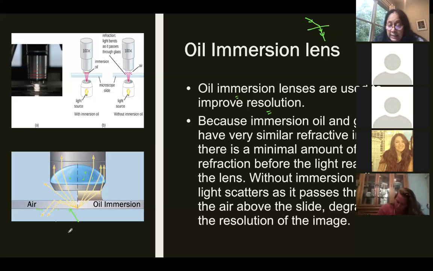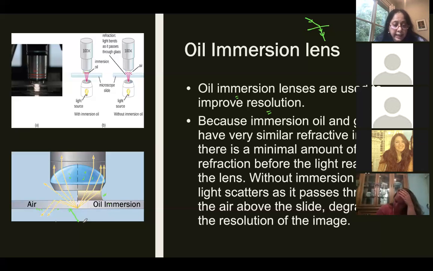And when it changes its direction and speed, we are actually going to lose a huge amount of light rays. But in this case, what we do is we add immersion oil on top of the specimen. And basically you can see that all this air over here actually is covered with the immersion oil.